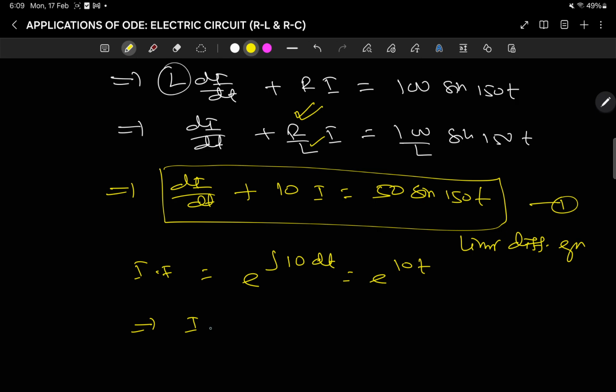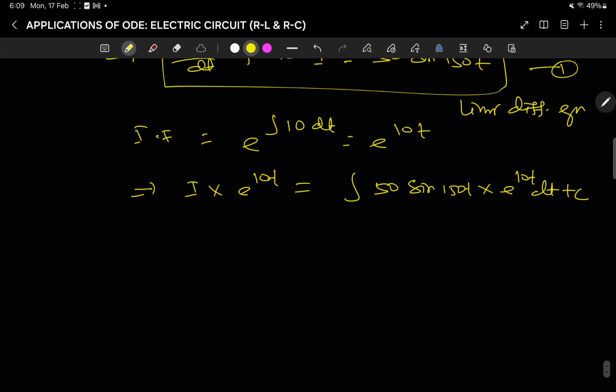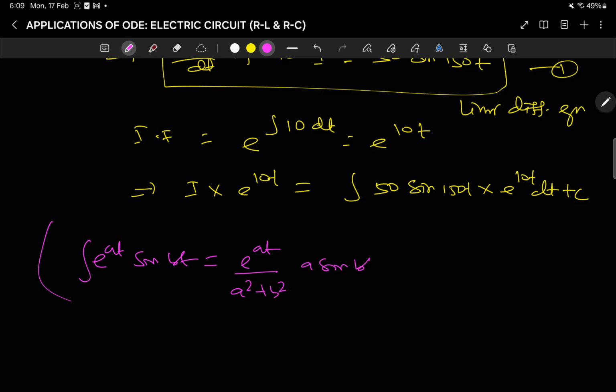So that means I into e to the power 10t is on the right hand side, 50 sin 150t e to the power 10t dt plus c. Here I can use a formula: the integration of e to the power at sin bt is e to the power at by a square plus b square, a sin bt minus b cos bt.